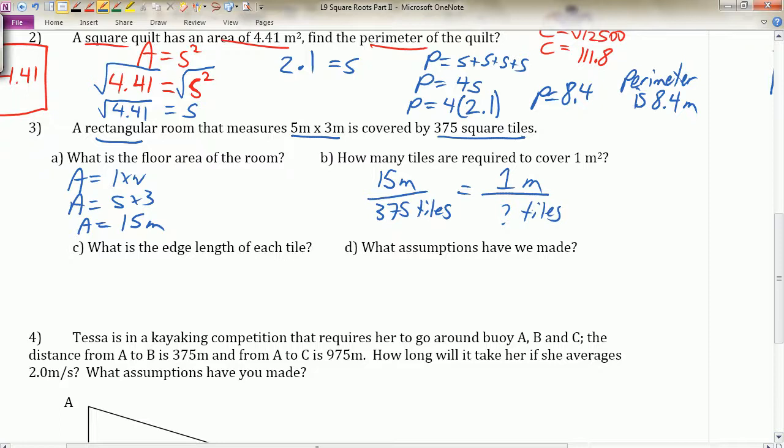So what we do is we can set up proportions, equivalent fractions. So how would we go from 15 meters down to 1 meter? Divide by 15. So what would we have to do to the bottom of the fraction then? Divide by 15. So that allows us to find how many tiles in 1 meter. This fraction could have been flipped too, that's fine.